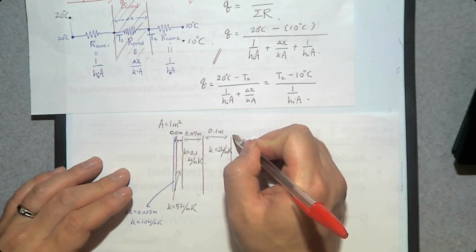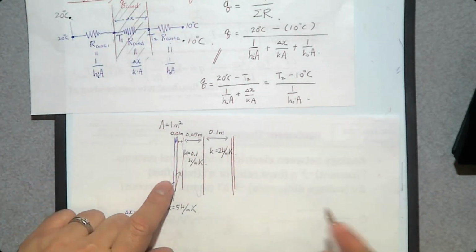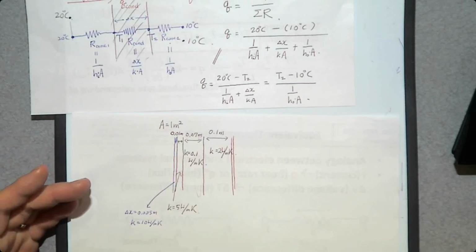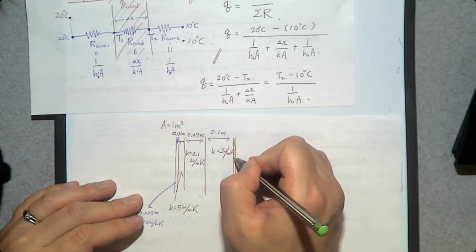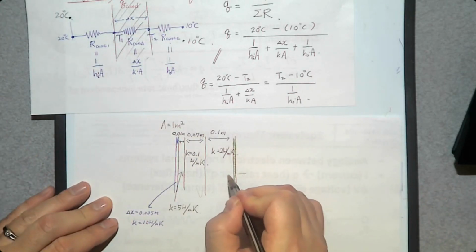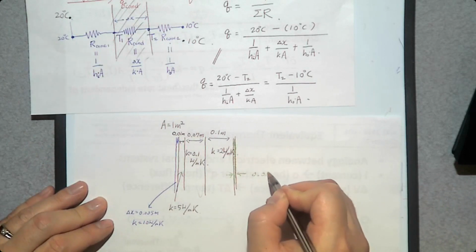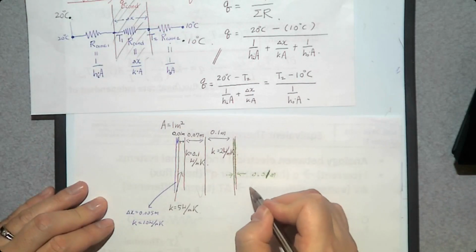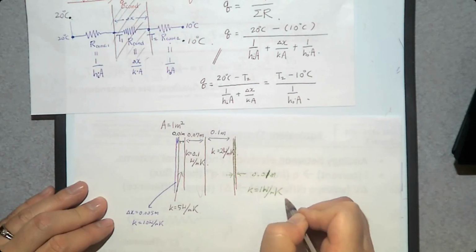I only have blue and red, so I have green. So this green glass on top of it, whose thickness is going to be 0.001 meter, and thermal conductivity is about 1 watt per meter Kelvin.